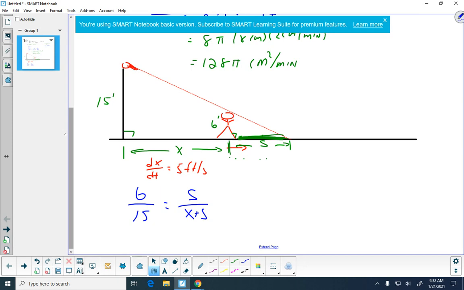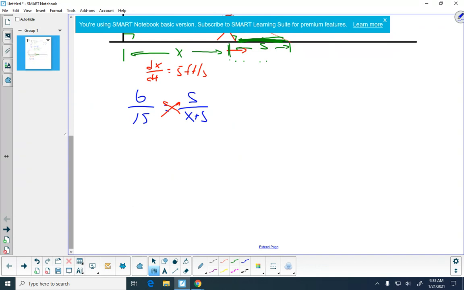So now we can cross multiply. We diagonally multiply, just using our properties of proportions. So we have 6 times X plus S is equal to 15 times S. So we have 6x plus 6s is equal to 15s.